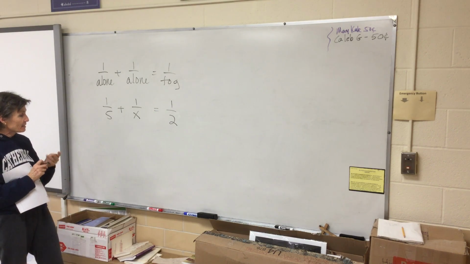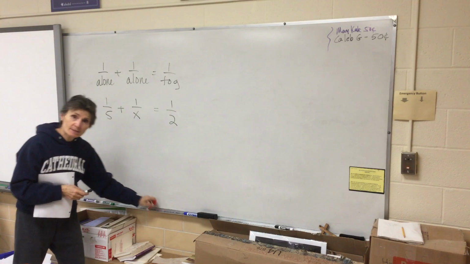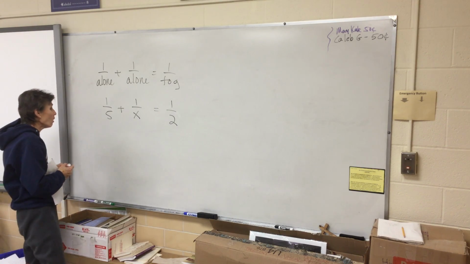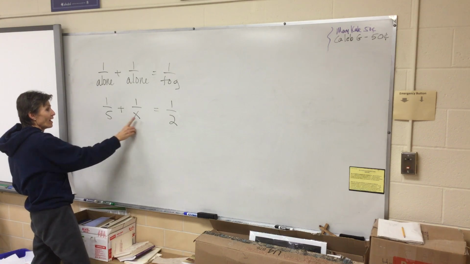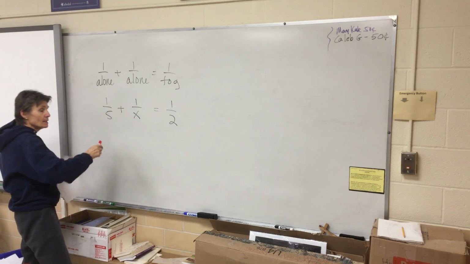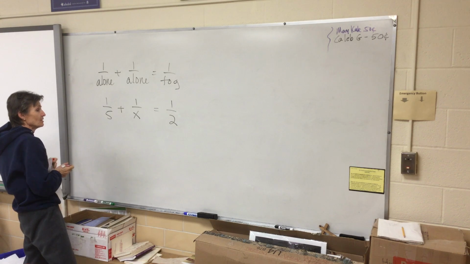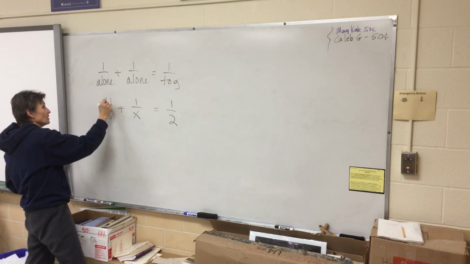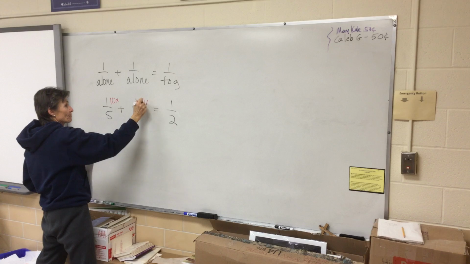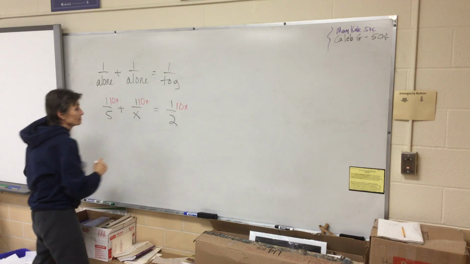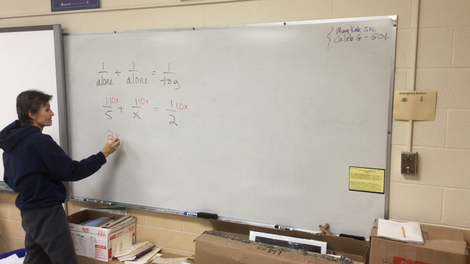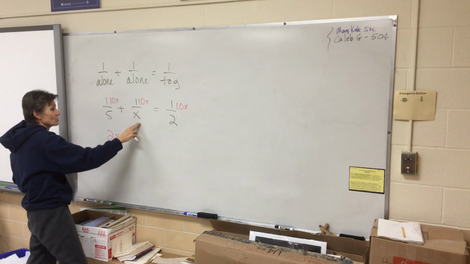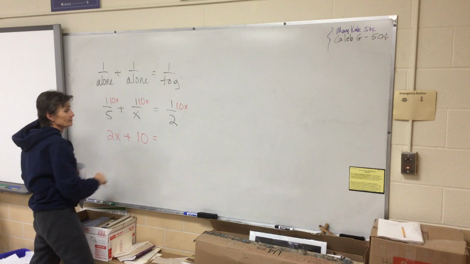So now we need to clear those fractions. To make all the denominators go away, we're going to have to multiply by a 5, an x, and a 2. You can list them individually, or you can just write 10x. 10x over 5 gives me 2x. 10x over x gives me 10.